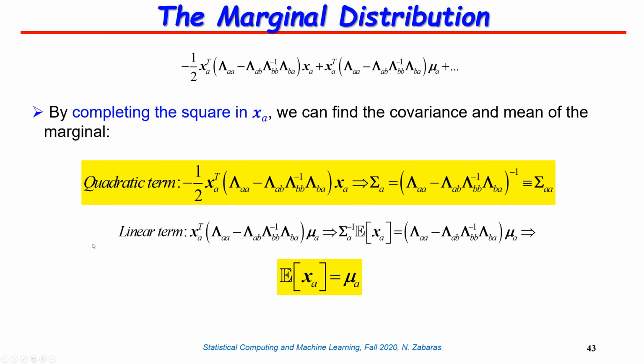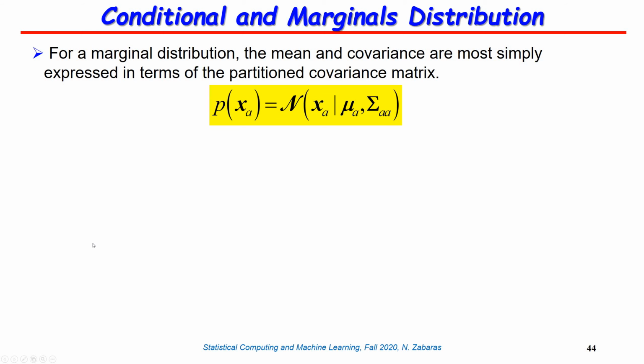So let me just write the results. The marginal of XA is a Gaussian that has as mean mu A and as variance sigma AA. What is mu A? It's the mean that comes from the partition of the mean of the joint into a vector mu A, mu B. And what is sigma AA? It is the AA component, top left, that comes from the corresponding partition of the covariance matrix.